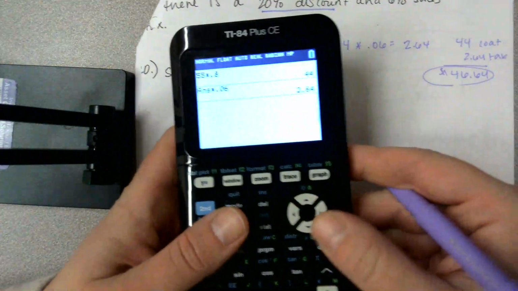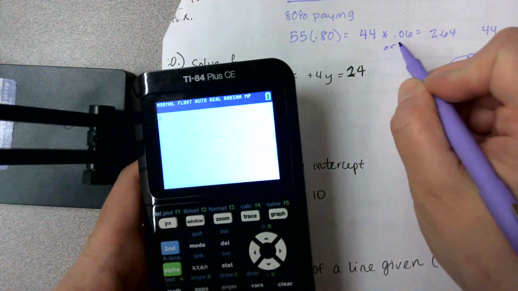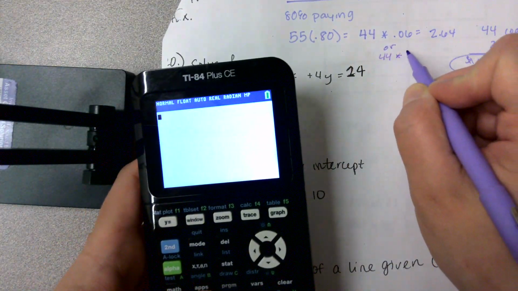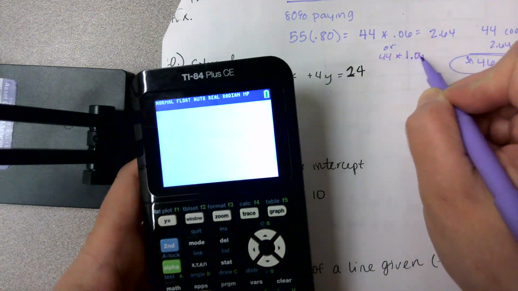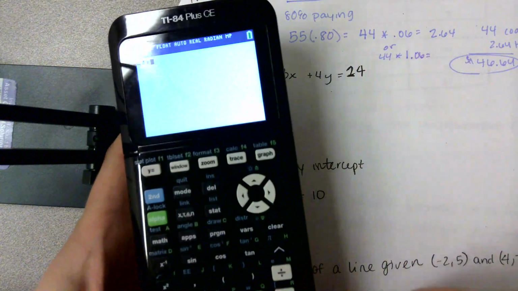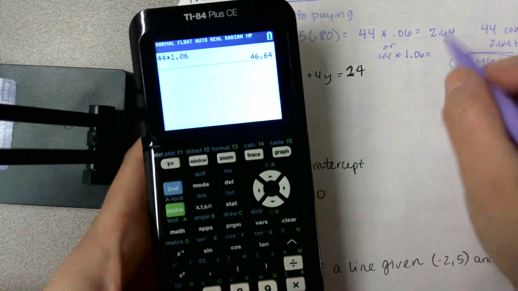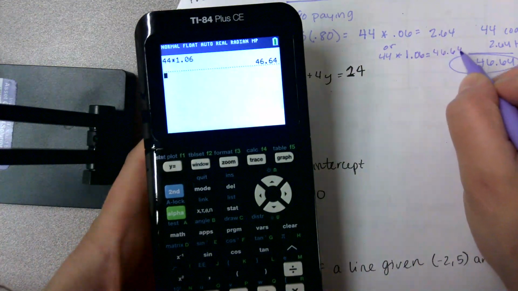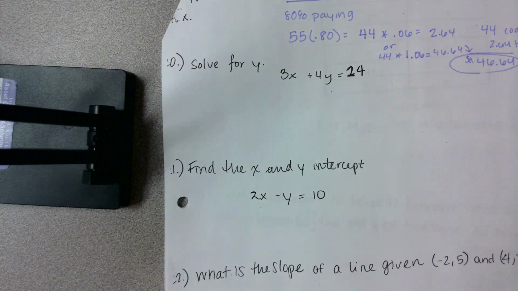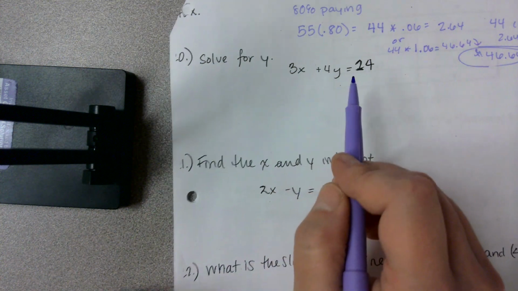Or what you could have done was 44 times, keeping your $44 and then adding the tax. $46.64. Either way.